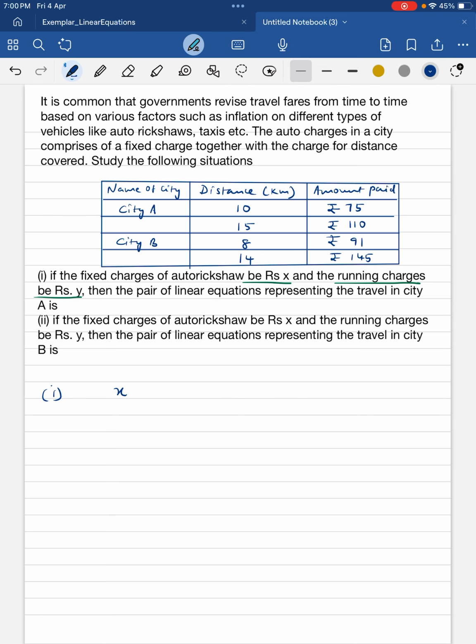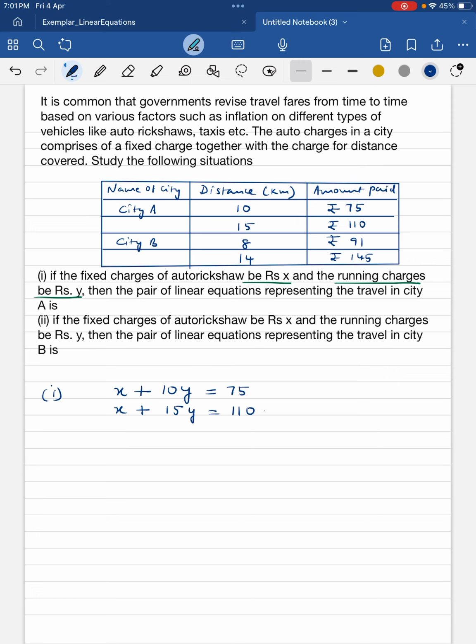So the fixed charge plus distance times the running charge should give me 75. The same way, the fixed charge plus the distance covered, that is 15 kilometers times Y, is 110. So I have my first pair of linear equations.